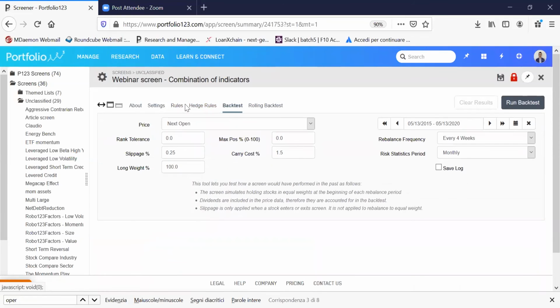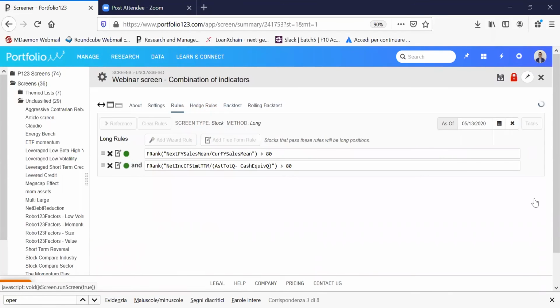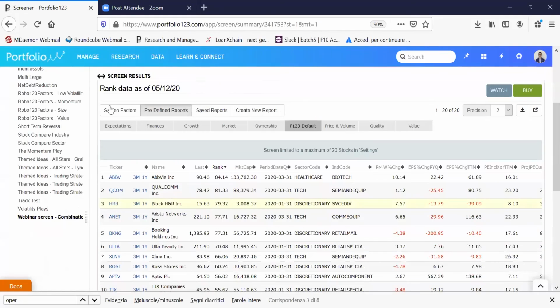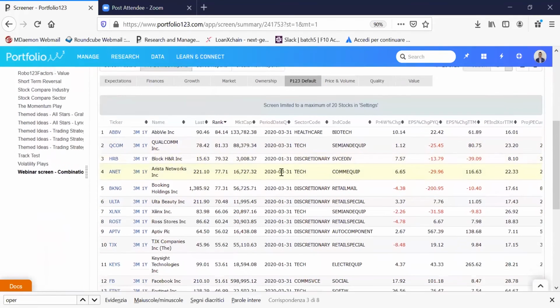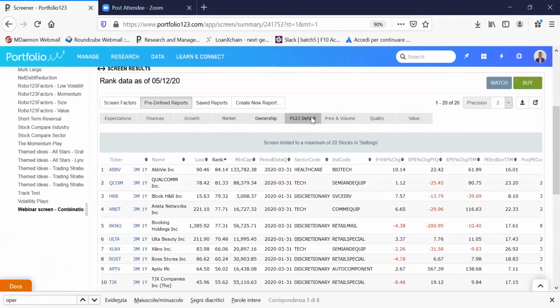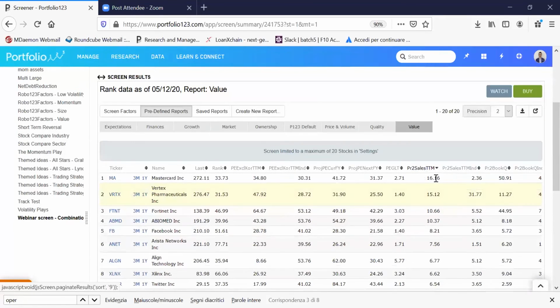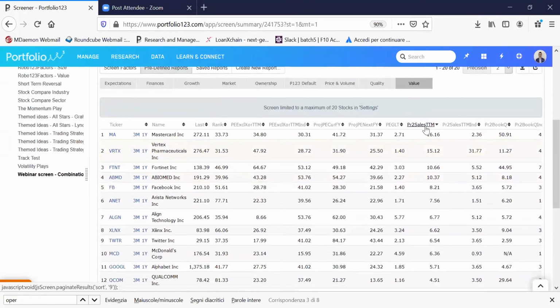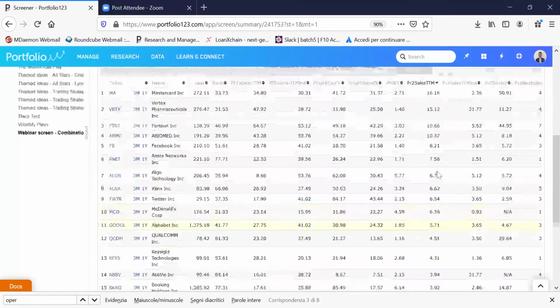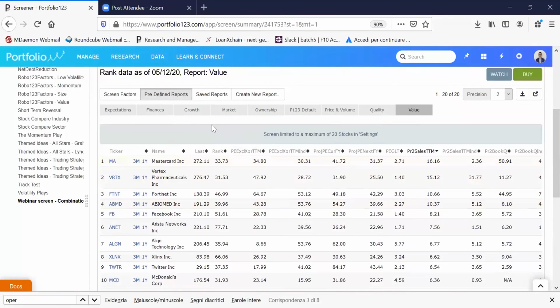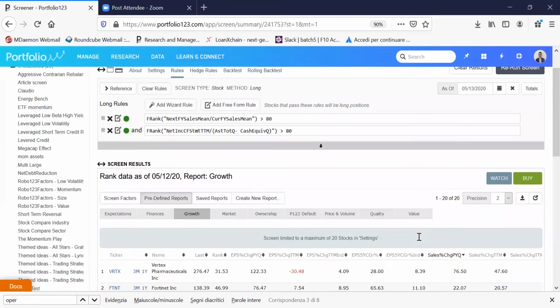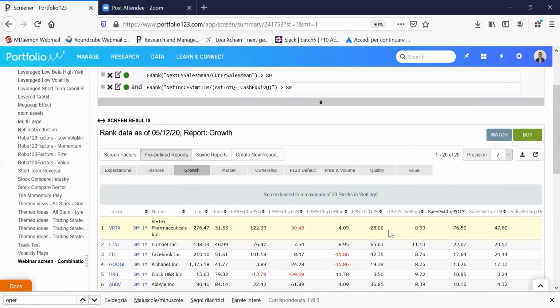Look good. Well, first, let's take a look at what are we picking. So let's take a look at sample value. So we are not getting too extreme on price to sales. Of course, we have MasterCard, but MasterCard is actually a company that has a lot of growth, as we can see here, and also has a very high profitability.